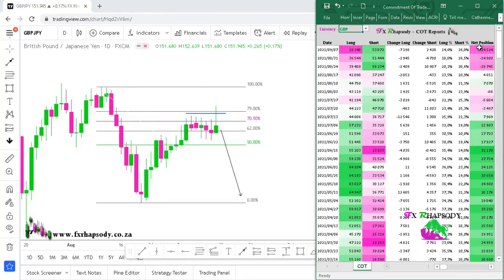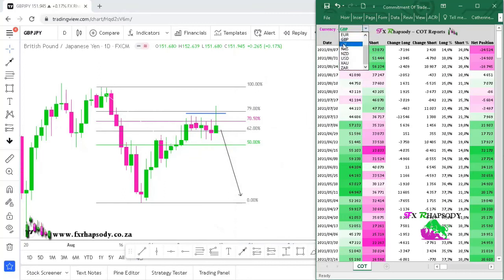Meaning it is getting weaker. A lot more shorts have been placed in the market, and a lot of longs have been closed. So the big banks and institutions are also, I'm not saying pushing the price down, but they are also biased in the sell, for the pound to go to the downside.